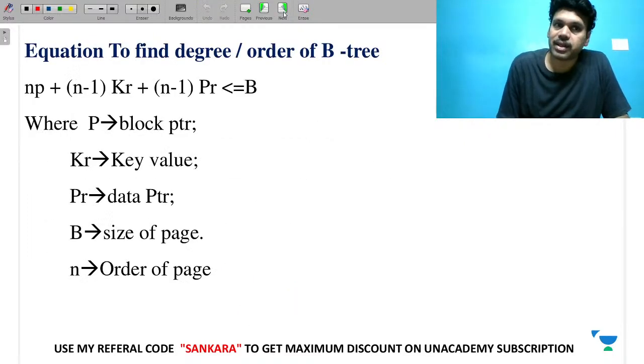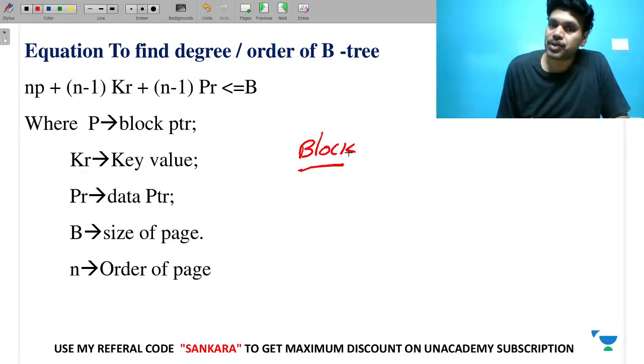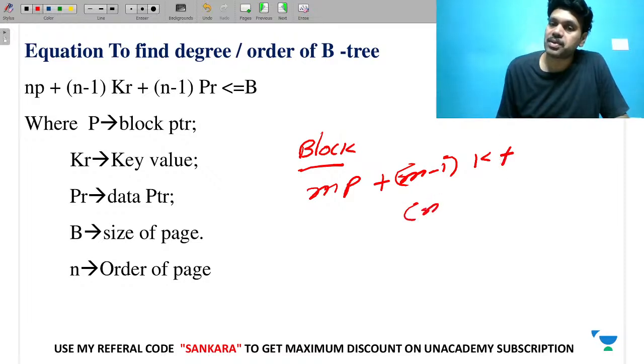Now let us see. We already discussed the equation of your B tree such that every block is supposed to maintain three important pieces of information about nodes, that is m block pointers, m minus 1 keys and m minus 1 record pointers.